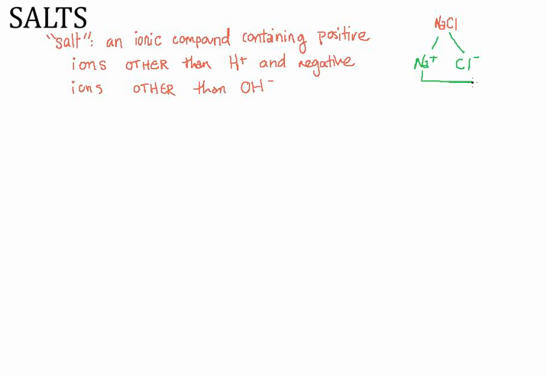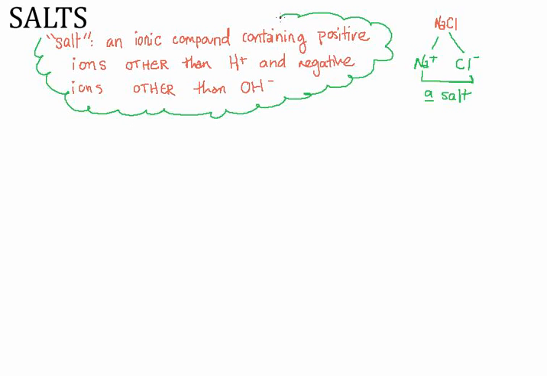Therefore, this is a salt, but it is certainly not the only salt. It's just a salt that's particularly tasty to humans. But it is not, by any stretch of the imagination, the only type of salt from a chemistry perspective that we see in the world.